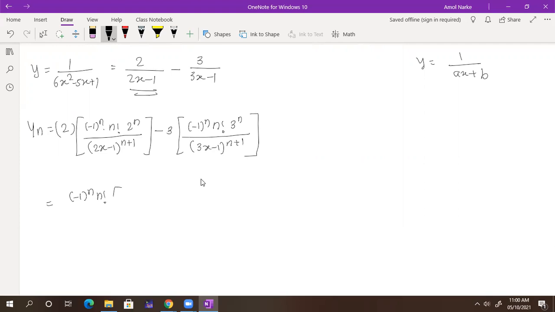What remains? You multiply that 2 inside, you get 2 raised to n plus 1, divided by 2x minus 1 raised to n plus 1. That minus sign stays, and if you multiply here, you get 3 raised to n plus 1 divided by 3x minus 1 raised to n plus 1. That is your yn.